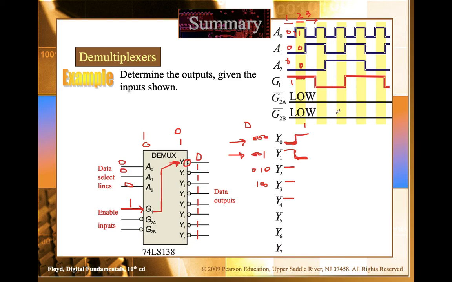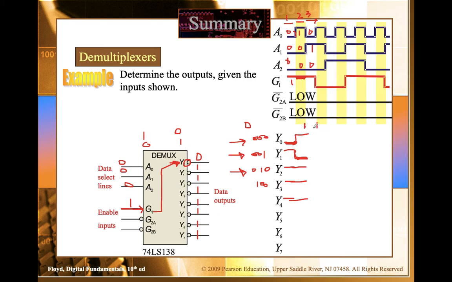All right. Now we will look at this third cycle. In the third cycle, the select lines are 0, 1, 0, which means output will be generated on y2. Again, for these two lines they are high. Now this is my third clock cycle.